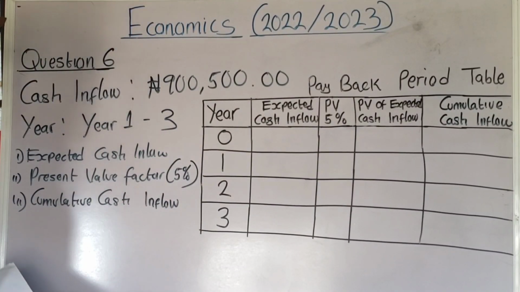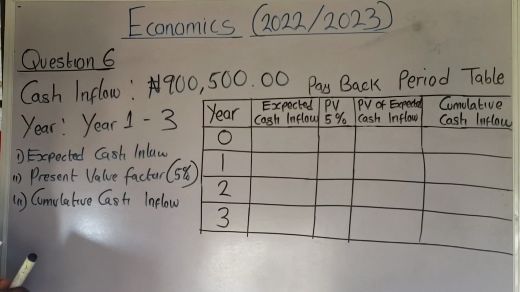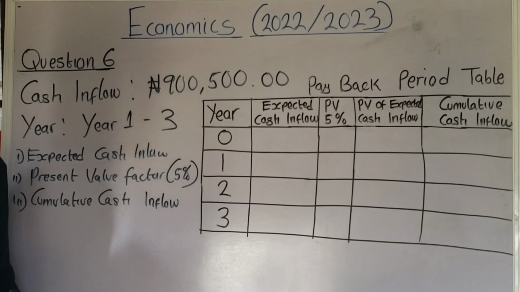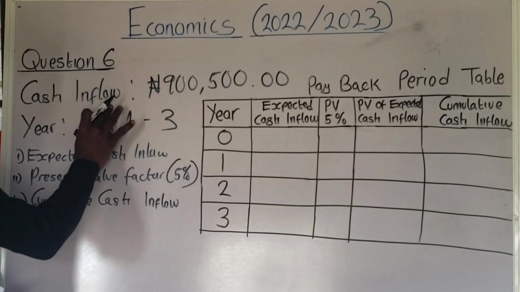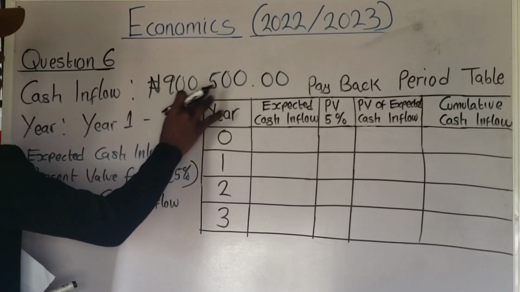The expected cash inflow of the first year is the same throughout all the years. Please pay attention. The expected cash inflow is the same throughout the years, because the cash inflow is 900,500 naira.